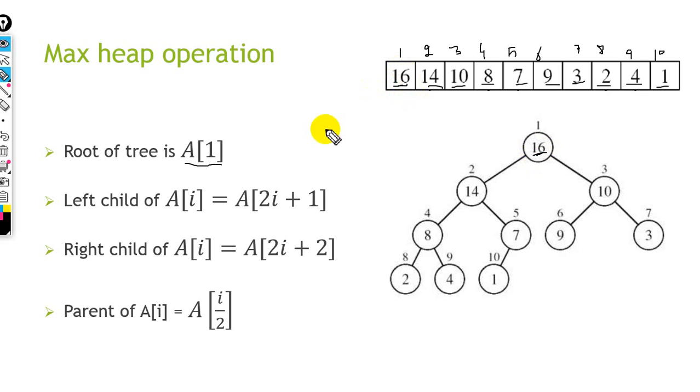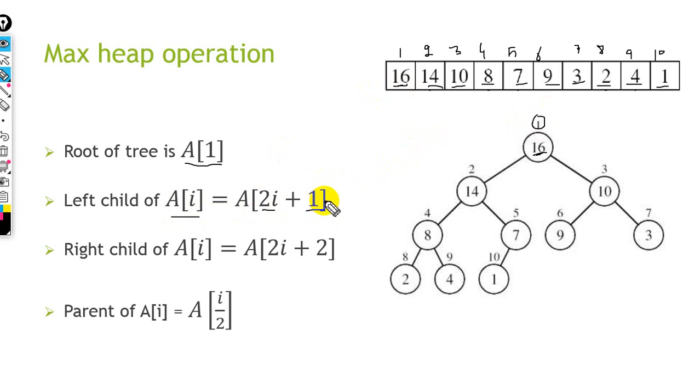So now the left child. What will the left child of this be? Left child on this side and right child on this side. How will we write the left child? The formula is 2i plus 1. So 2i plus 1 means 2 into i, where i is 1.